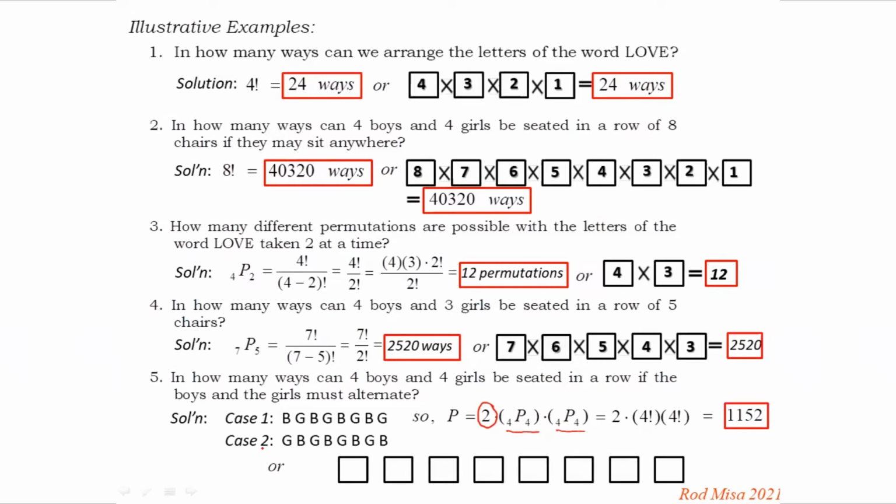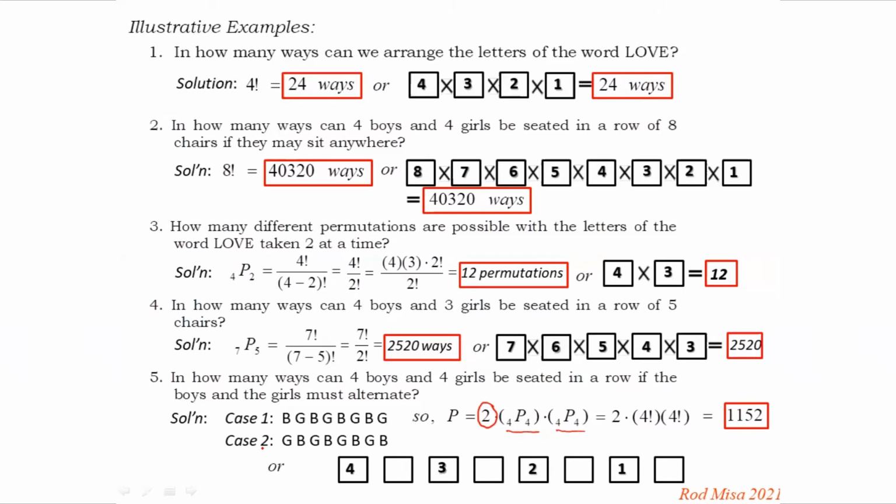And then by arranging first the boys. So we have 4 in the first position for the boy, and then the second position of the boy, and that's 3 because I am left with 3 choices out of the 4 boys, and then 2, and then 1. So 4 times 3 times 2 times 1 is the total arrangements of all the boys when a boy is in the first position.